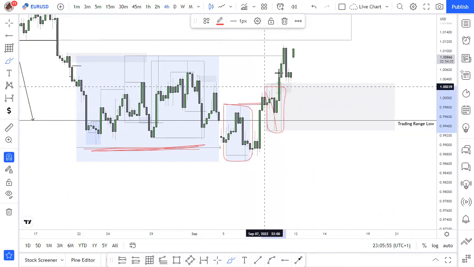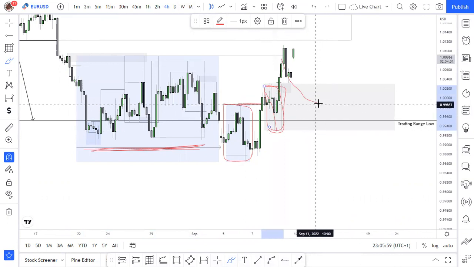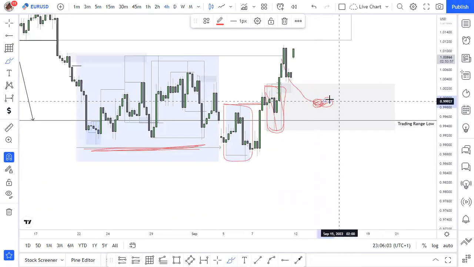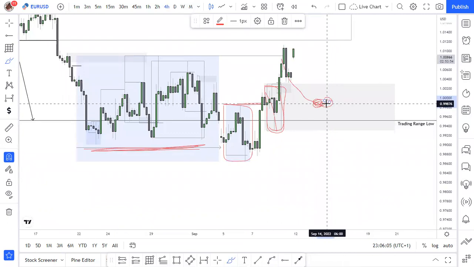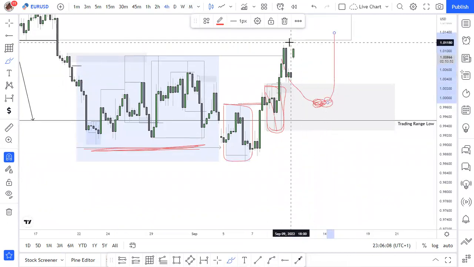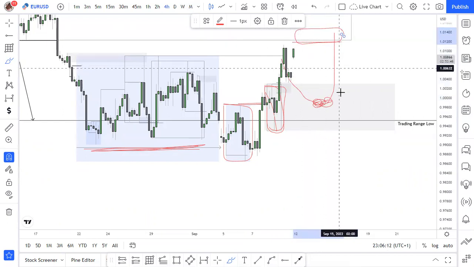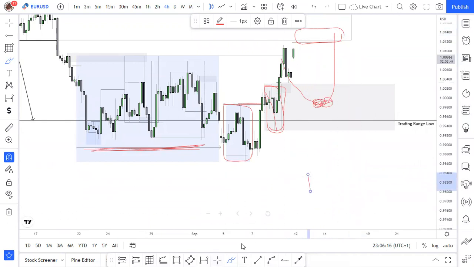So all we want to see is price pull back into this range, respect the range, and then we can look for some kind of confirmations for our entry, and then just take the trade up here. It's mainly about studying price and trying to understand what the structure of the market is.